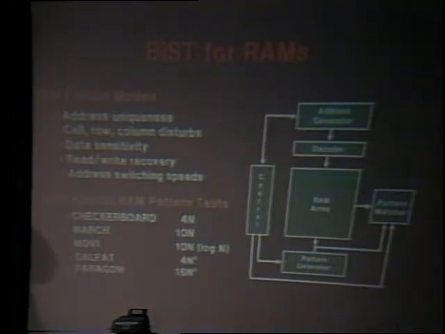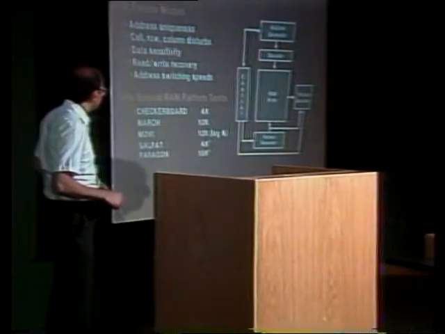That is, while you're reading one cell, another cell may get affected. Data sensitivity, which is also somewhat related to the previous one. Read-write recovery, whether when you read one cell and try to read the next one, can you do that fast enough? And same thing, the address switching speeds.